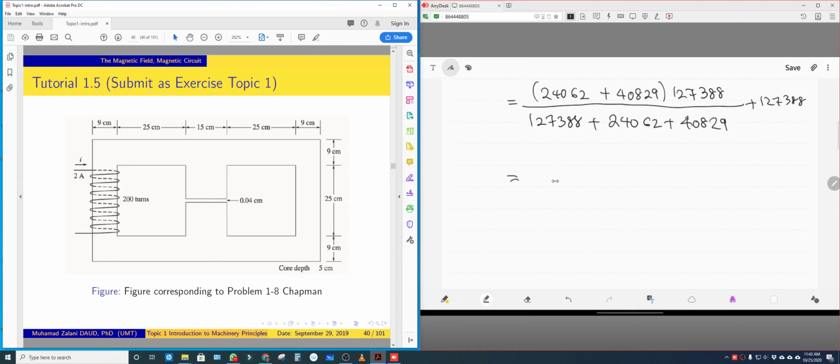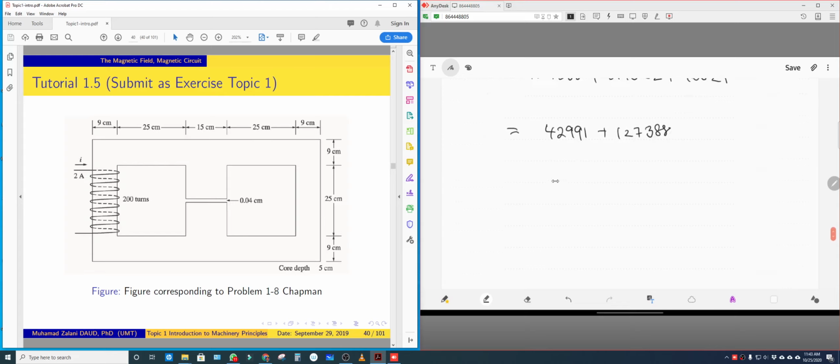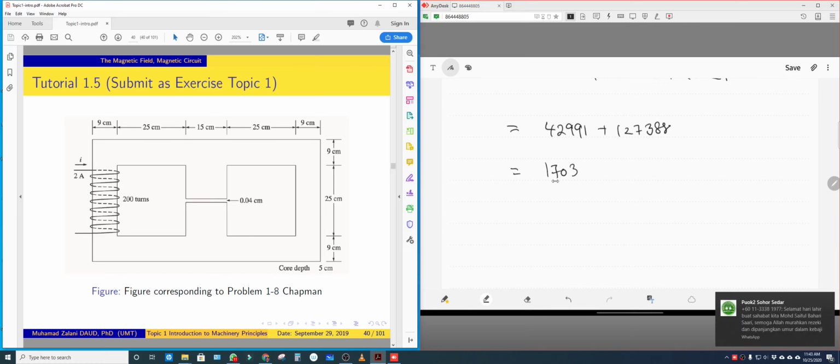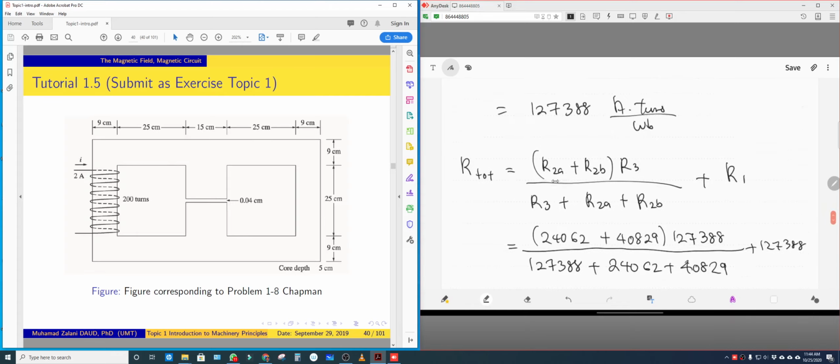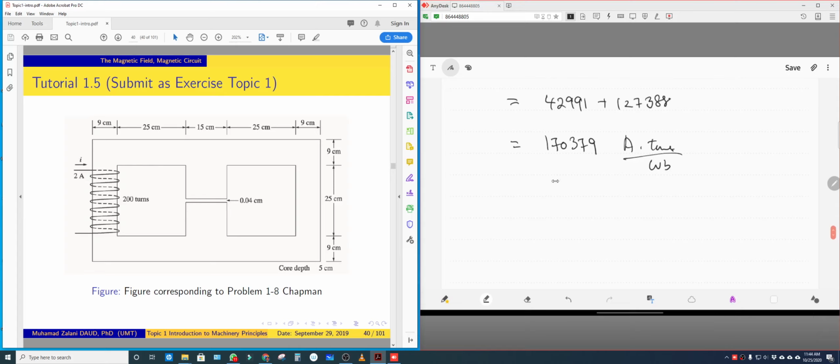Finally this part gives 42991. So the total reluctance is 170,379 ampere turns per Weber.